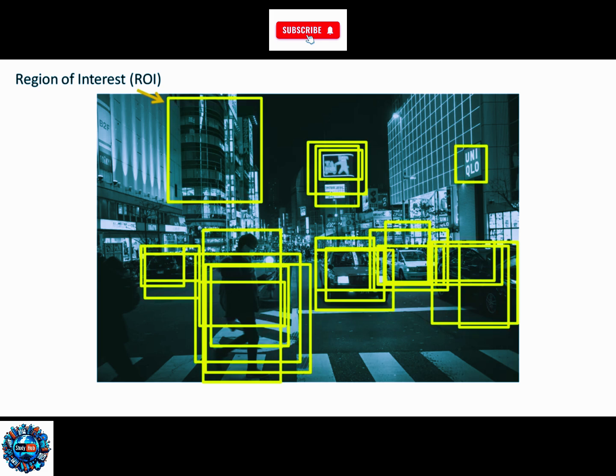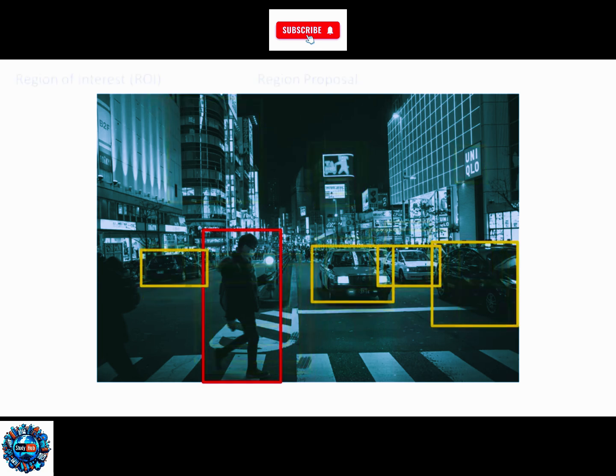We then send these windows to our convolutional neural network for classification. This process of identifying potential regions of interest is known as region proposal. Using a convolutional neural network to perform region proposal is known as a region proposal network. These areas are known as regions of interest. Hopefully, our classifier, which we trained to identify vehicles and people, would be able to correctly identify the cars and pedestrians in this image.